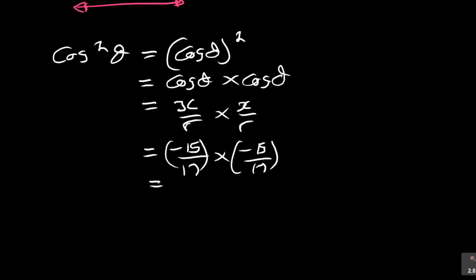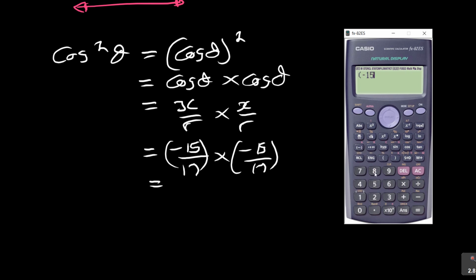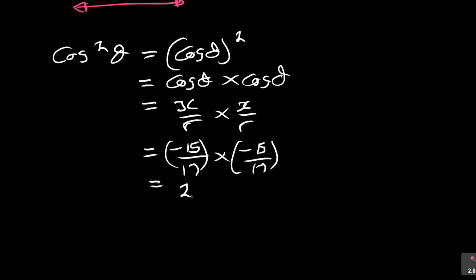You can put the bracket again, negative 15 over 17 times negative 15 over 17. What is the answer? 225 over 289. So it's 225, positive, over 289. So that is the answer there.